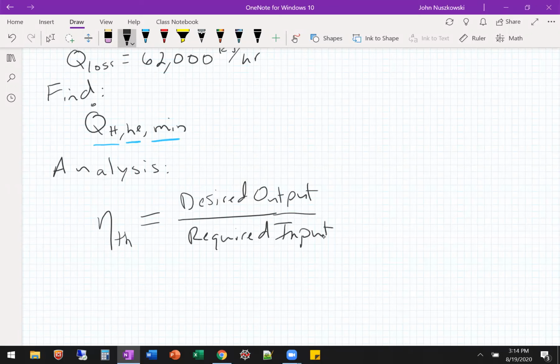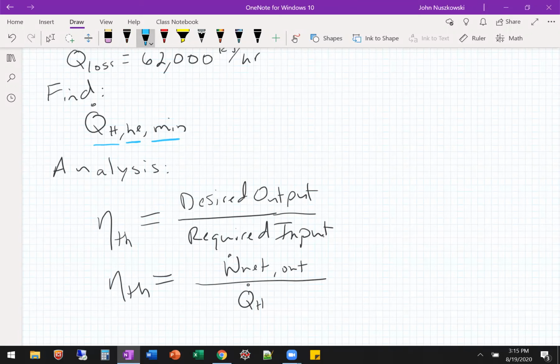What's the desired output of a heat engine? Work net out. Yeah, the work net out. All right, what's the required input? QH. Yeah, so we got Q dot H, right?